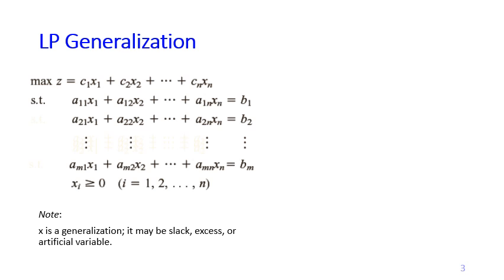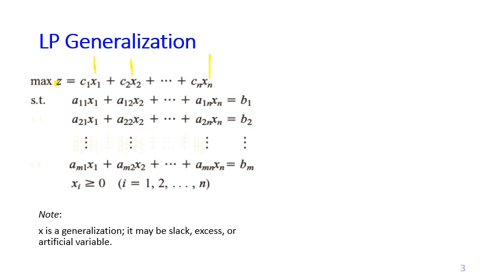So here's a generalized model of linear programming. We want to maximize z, and our decision variables are x1, x2 up to xn. Here x may also be slack variables, excess variables, artificial variables, or whatever. We just denote them as x here.